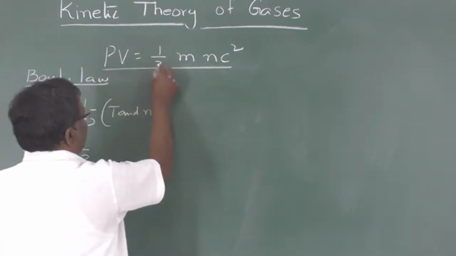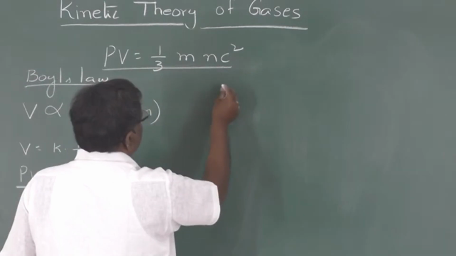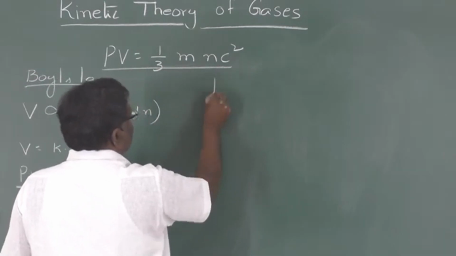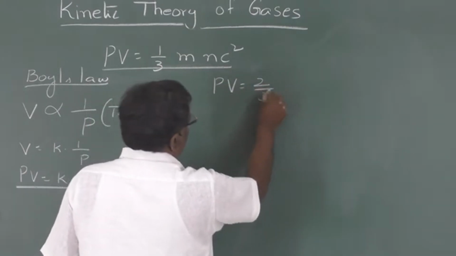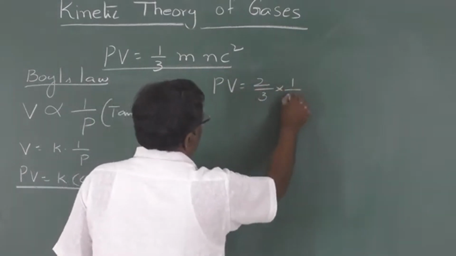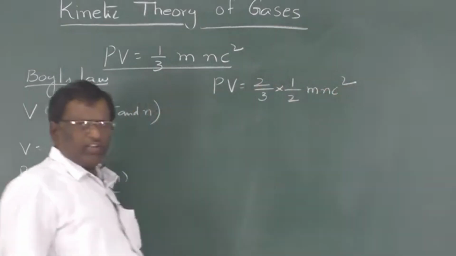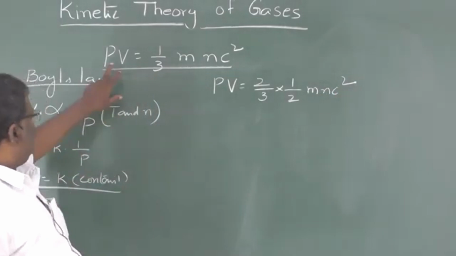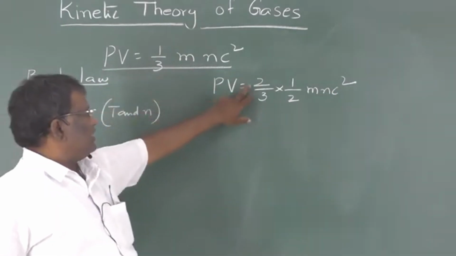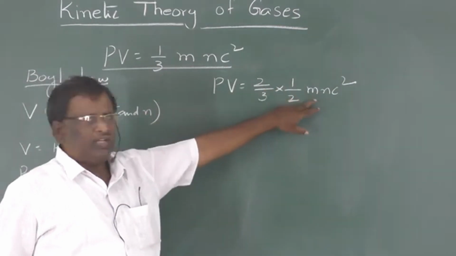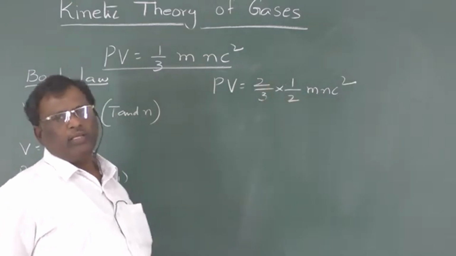This kinetic gas equation, PV is equal to 1/3 Mn C square, can also be written as PV is equal to 2 by 3 into 1 by 2 Mn C square. There is no difference, because the 2 cancels and the remaining thing will be 1/3 Mn C square.